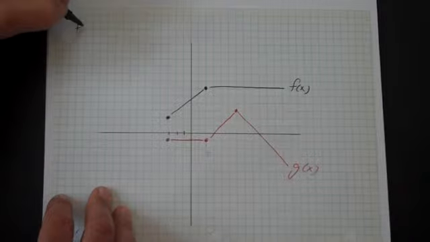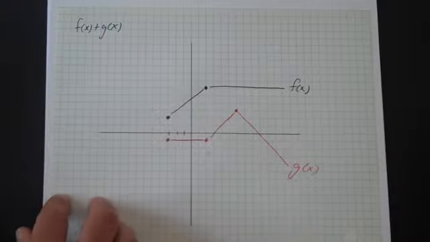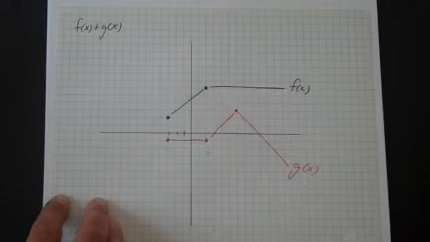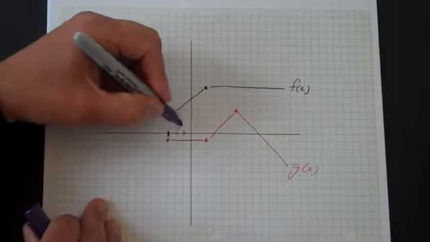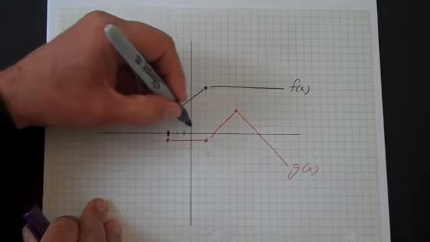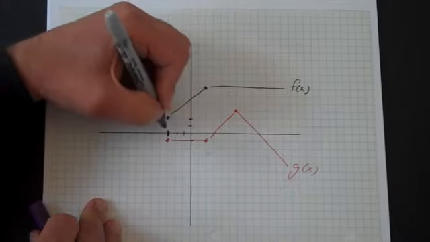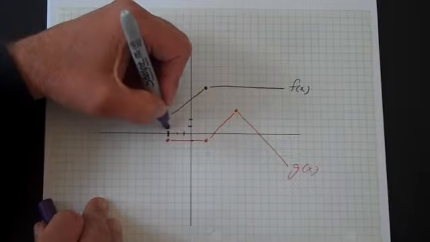In this case, if you had f of x plus g of x, at every point along here you would add the two numbers. So for example, let's look at this point. At x is equal to 3, your y is 2, and minus 1. 2 plus minus 1 is 1. So that would be the point right there.